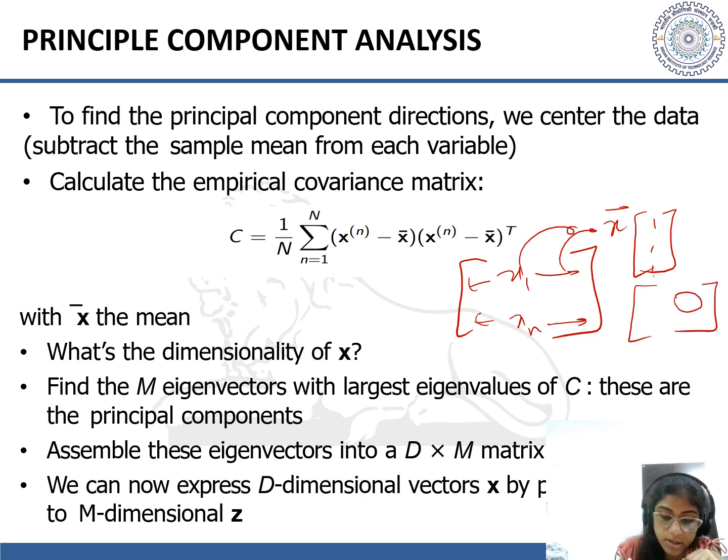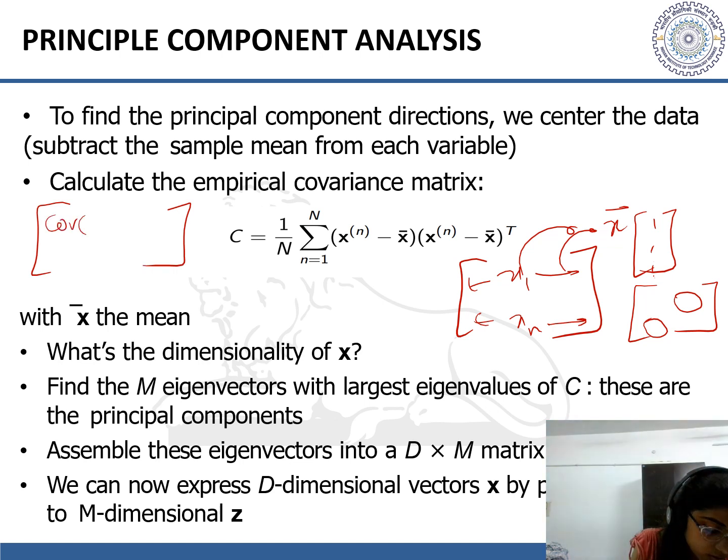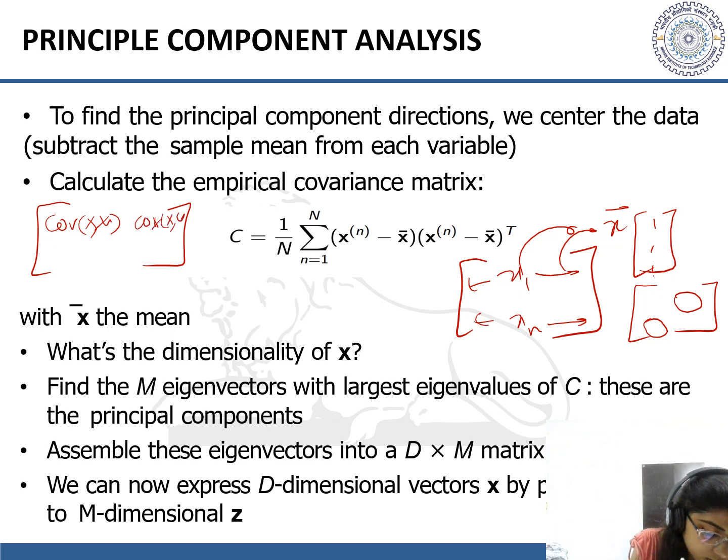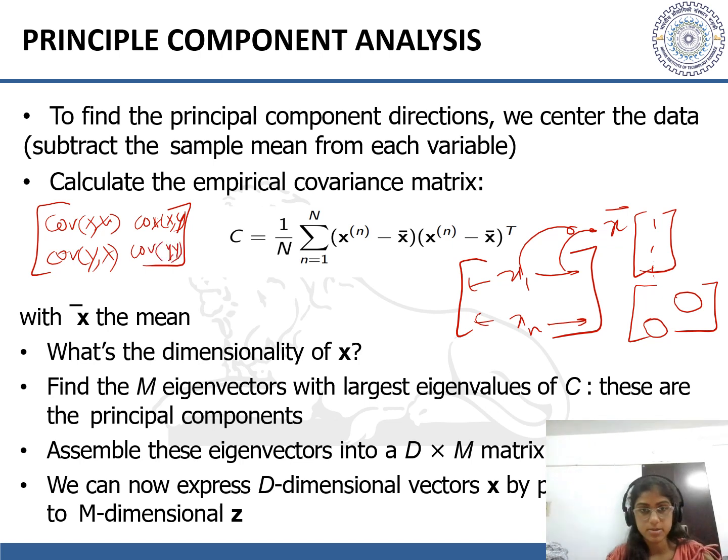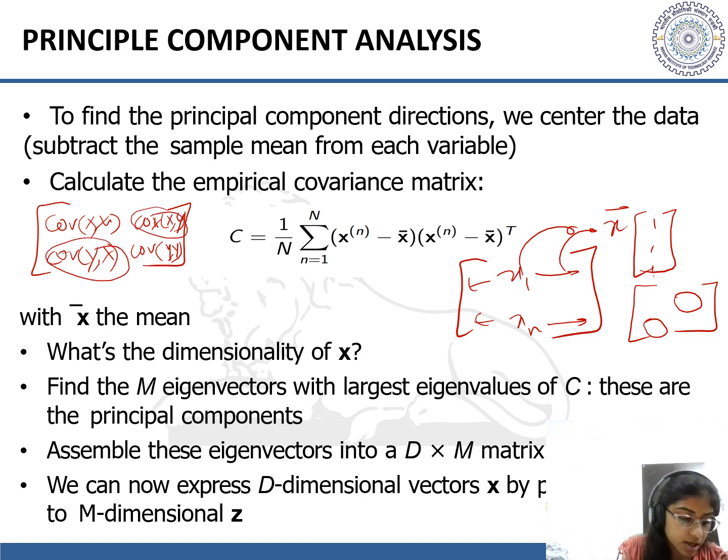That is a symmetric matrix, like the matrix will be of this kind. Now this and this are the same in the covariance matrix.